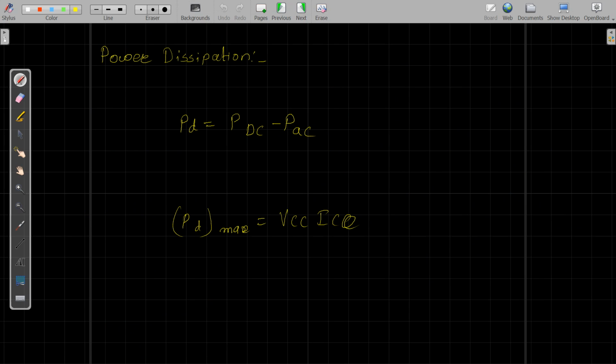We get maximum power dissipation when there is no AC input. Obviously, the power dissipation then equals PDC, which is nothing but VCC into ICQ. That means when the transistor has an input voltage, the wastage of power is very less, but when there is no AC input signal applied to it, you will have maximum power dissipation, the same as in the class A power amplifier.